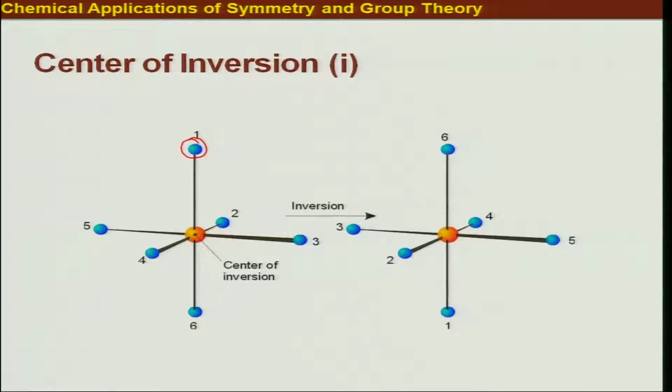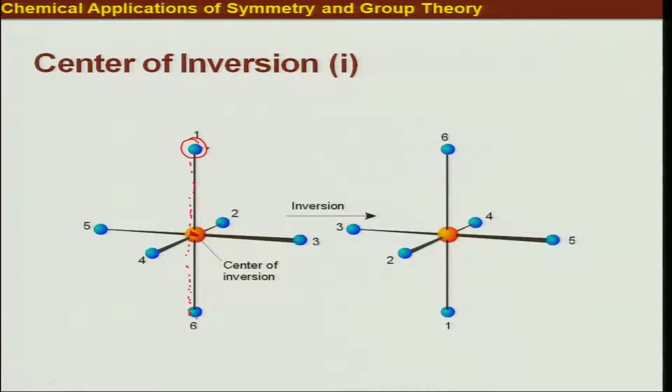Now having that in mind, you start from chlorine 1, and we have a point right here, the center of this cobalt atom. If we start from this chlorine 1 and keep walking through this bond and come to this point and then keep going in the same direction and equidistance, we end up finding this chlorine atom 6.